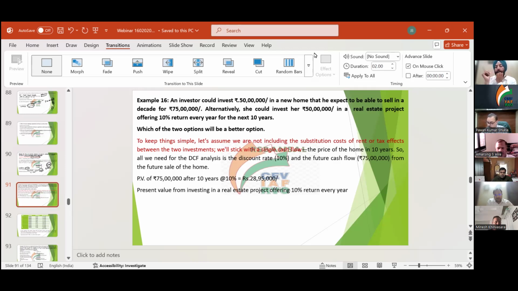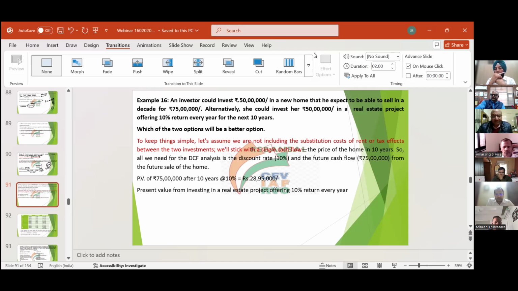How will you find that? By calculating present value by both methods.